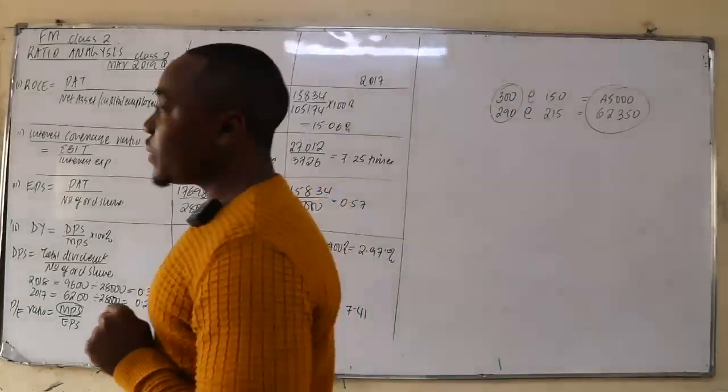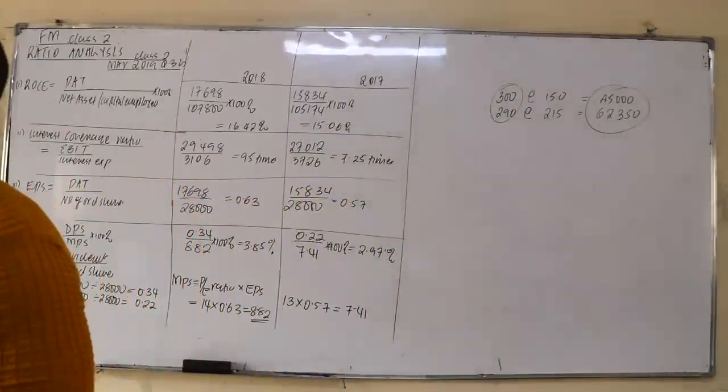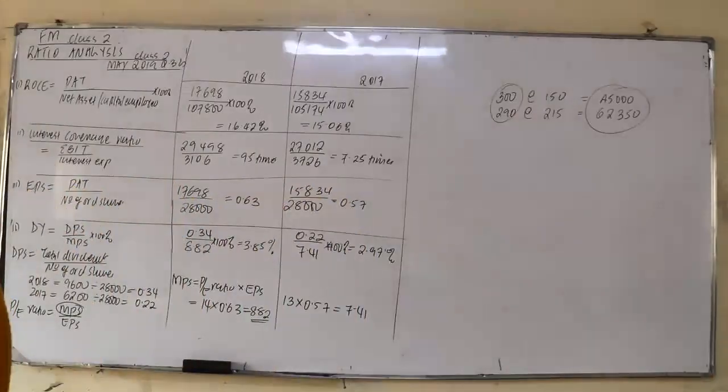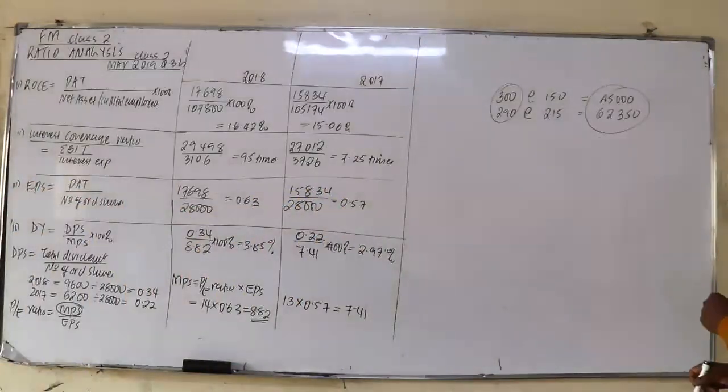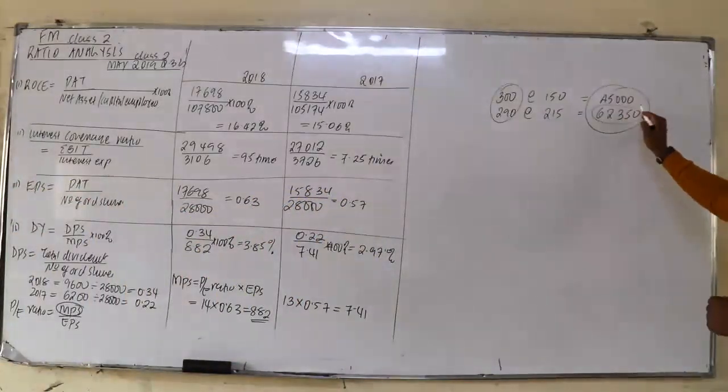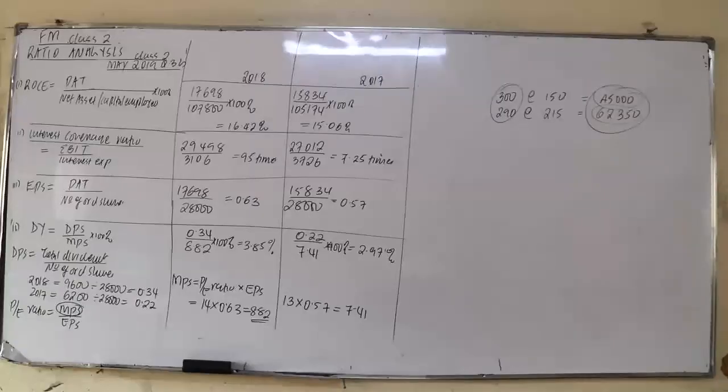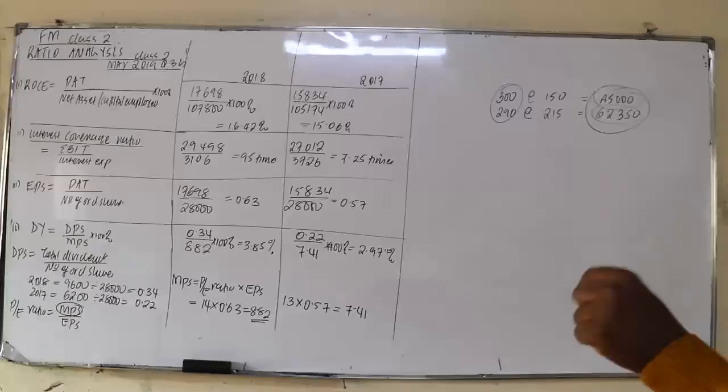If you ask this shopkeeper whether the economy is good or not, the sales are high in shillings, but the cost of production is also high, so the profitability goes down. But if they are not computing the gross profit margin and just use the sales the way they are, it will show that the margins are increasing, but in reality, the margins are not increasing. Therefore, ratios do not take into account the effect of inflation.